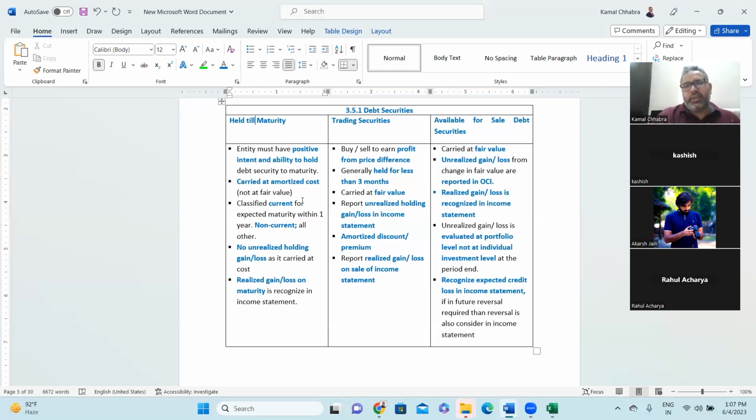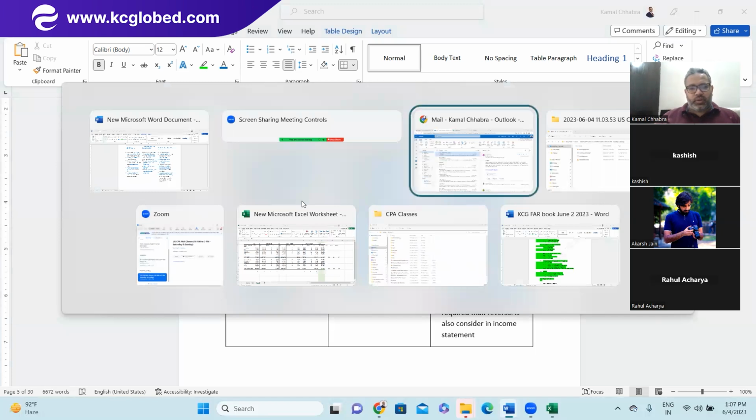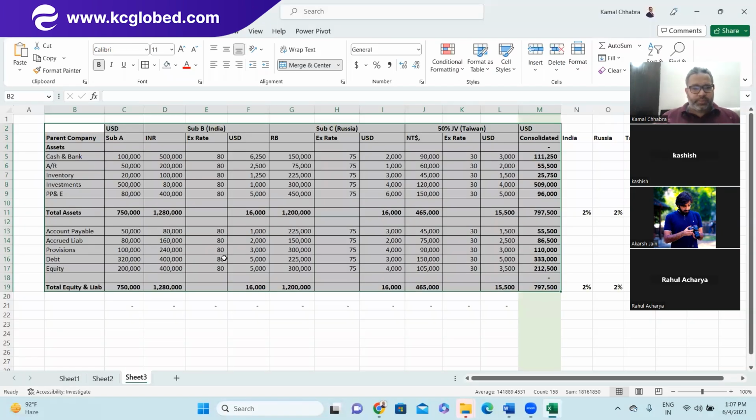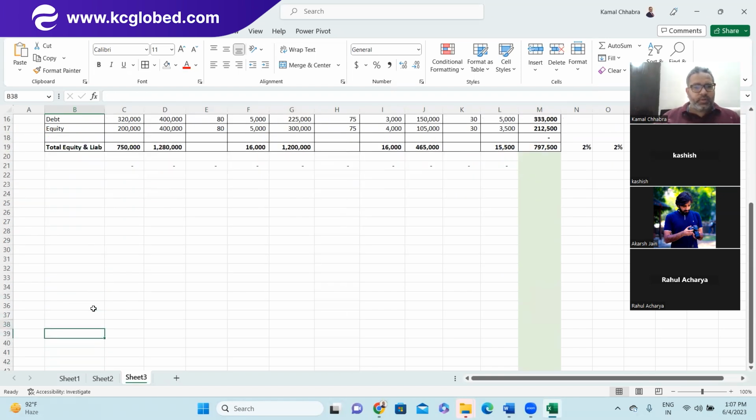Here, if there is any unrealized gain or loss, what is unrealized gain or loss? It is the change in fair value. Let me draw an example for you.